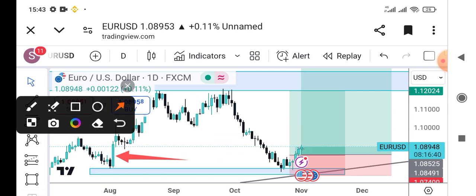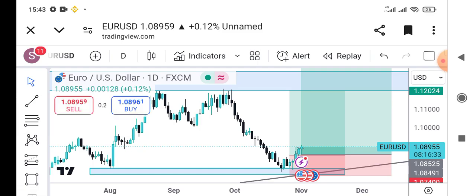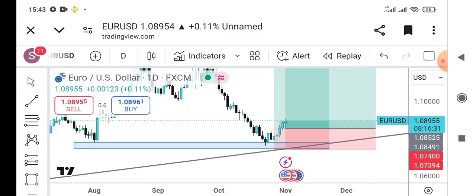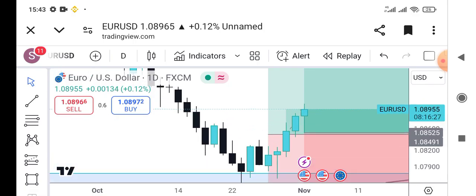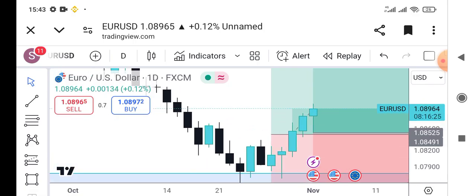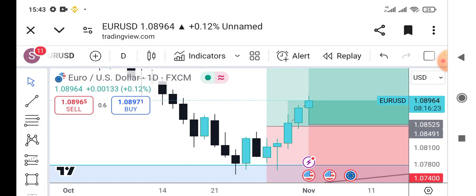Then on this other end, I don't know how to point it. Let me expand it. There are two candlesticks that are very important here.